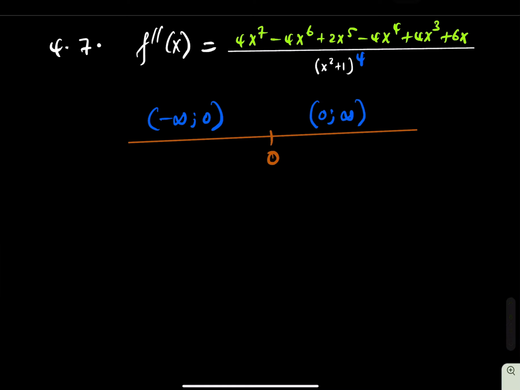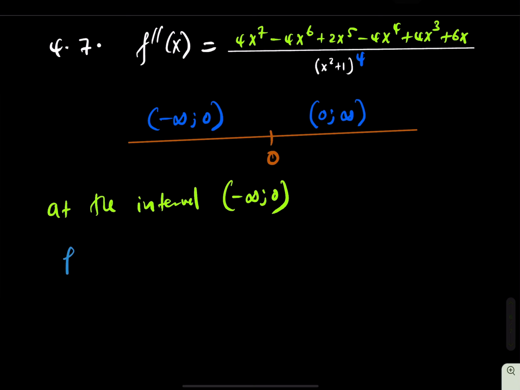So the interval is negative infinity to 0. You want to check the f double prime at the number that is here. That is going to be -1. I'm going to really take -1 there. I don't want to really kill myself by taking big numbers.